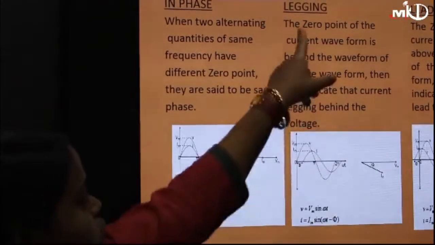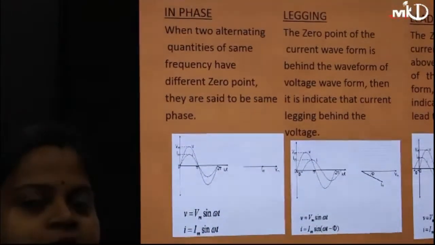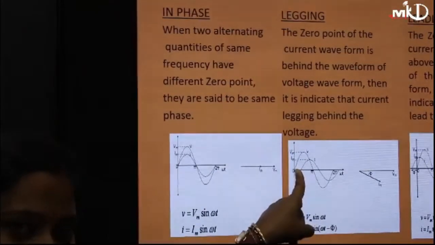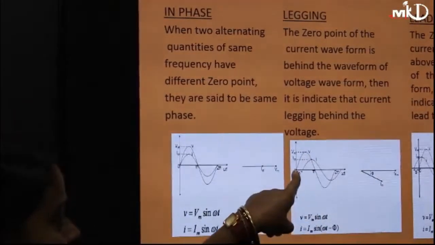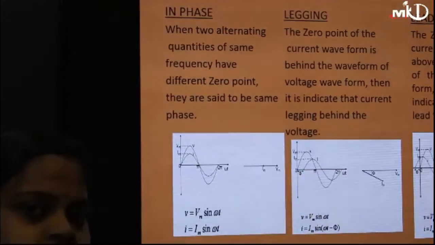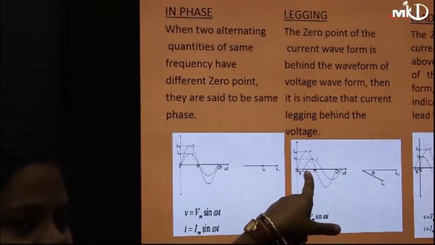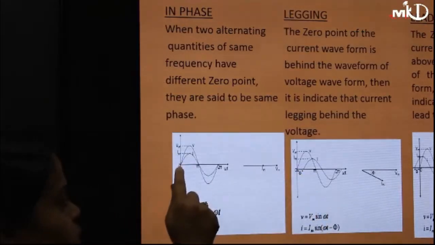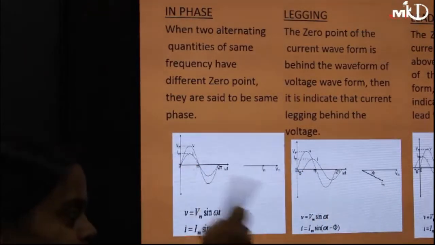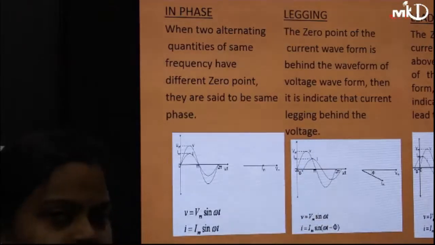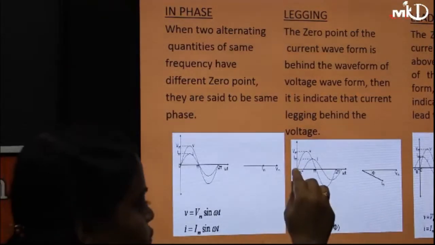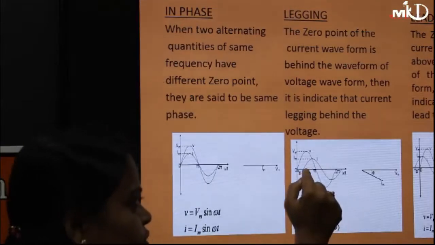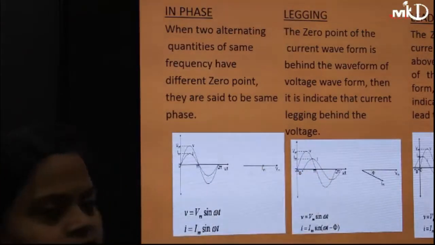Now the lagging case. Lagging means if one waveform starts from 0 at this point, then after some time the next waveform starts, and this phase angle is known as phi. Here the phase angle is 0, but here phi has some value. If this is V and this is I, we can say that I is lagging V by an angle phi.